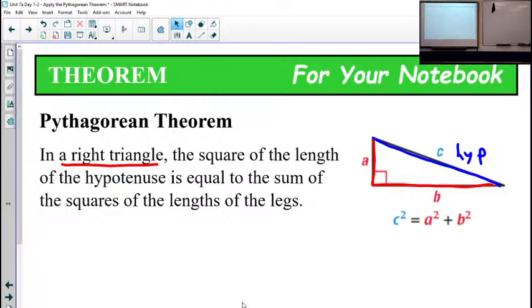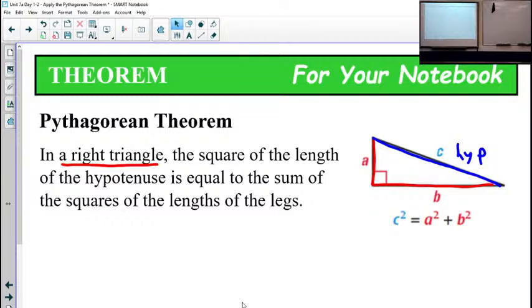Now, the Pythagorean theorem itself said, in a right triangle, the square of the length of the hypotenuse is equal to the sum of the squares of the legs. In other words, c squared equaled a squared plus b squared. So the structure of my if-then statement was, if right triangle, then c squared equals a squared plus b squared.